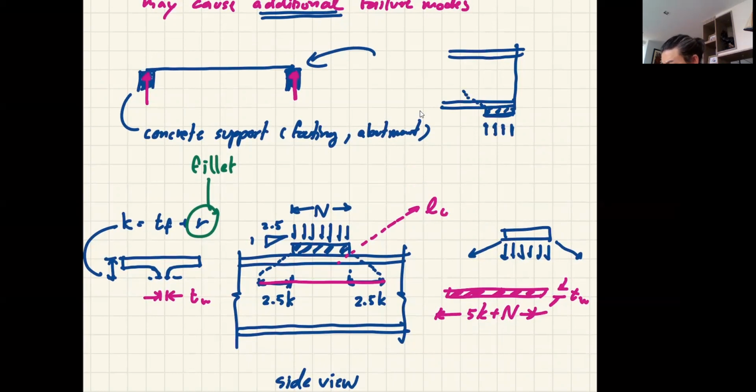See, so that the area is only here. So if you have one side, it means that you only have 2.5K from one side and then N.